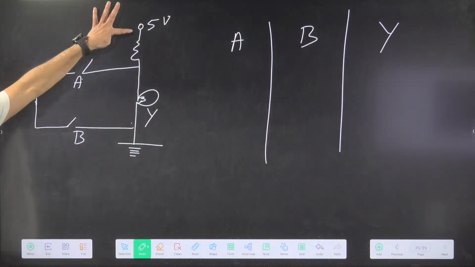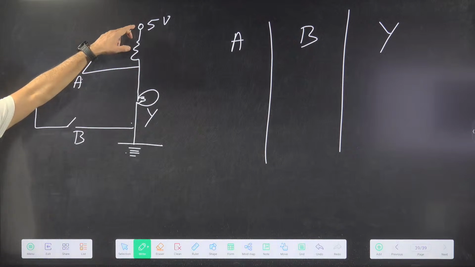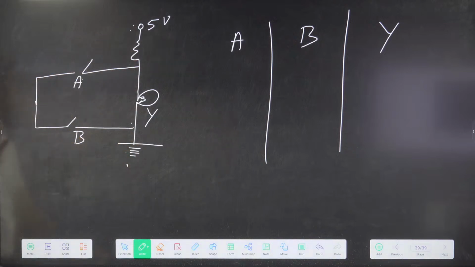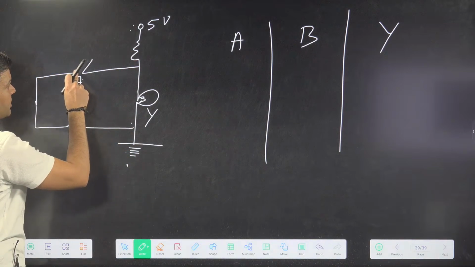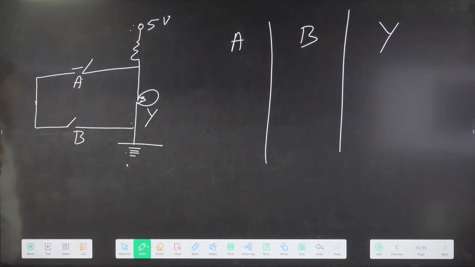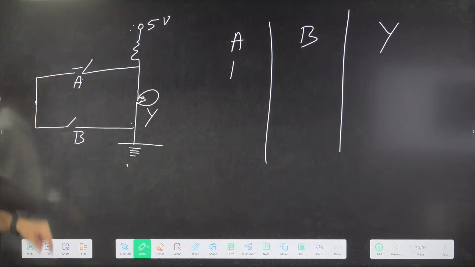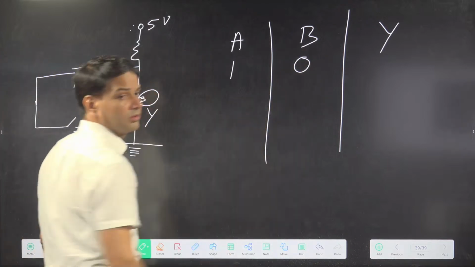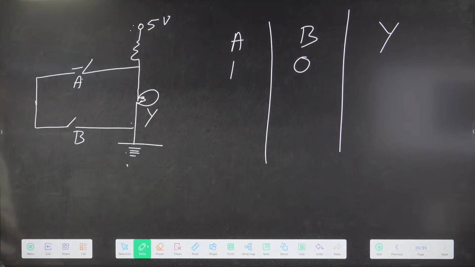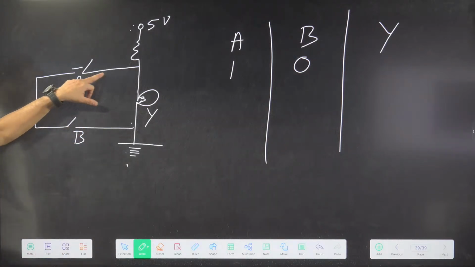Now 5 volt here, 0 volt here, so the potential difference is 5, and grounded means 0. If I close the switch A, I am taking A as 1, and I open the switch, B is equal to 0. Then what will happen? Current will go from here, but this path is not closed.